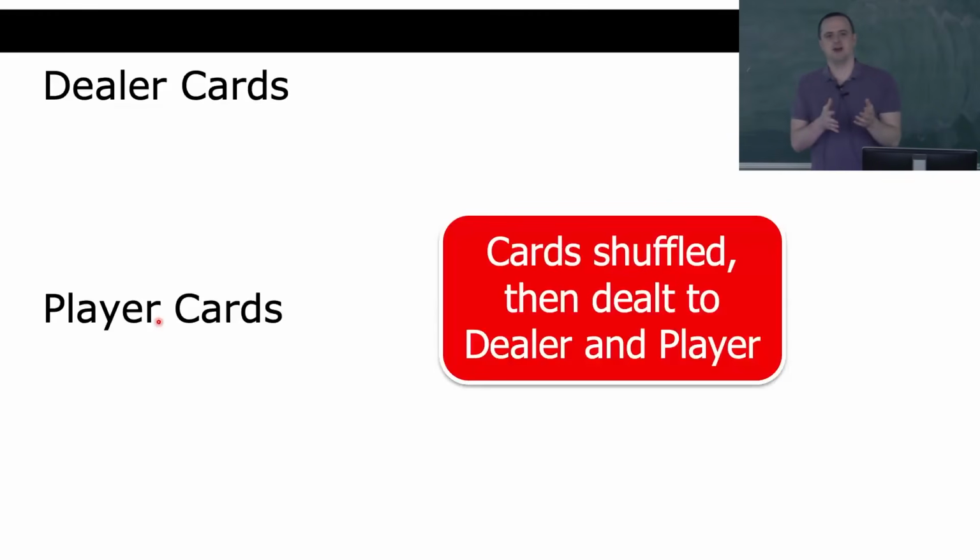The reason for that is because if you only played with a deck of 52 cards, it would be really easy for the players to memorize exactly what cards are left in the deck. And if you're capable of doing that, you can actually change your strategy a little bit and actually win at blackjack. So they want to simulate an infinite deck of cards so that you can't have any extra bonus information.